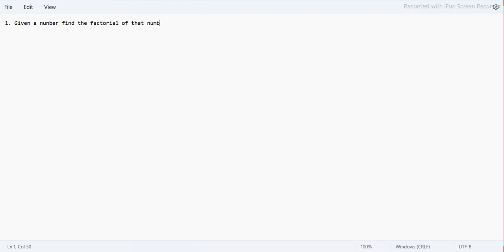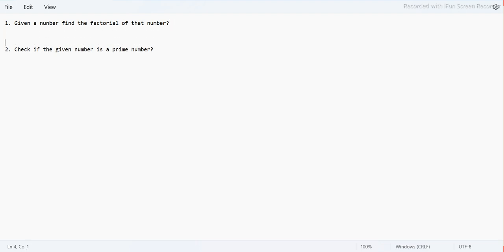And the second question is, check if the given number is a prime number. All right. We will try to take up more and more questions, but for now, let's try to solve these two questions, right? So first, let me give you some background about the mathematical calculation behind these two.